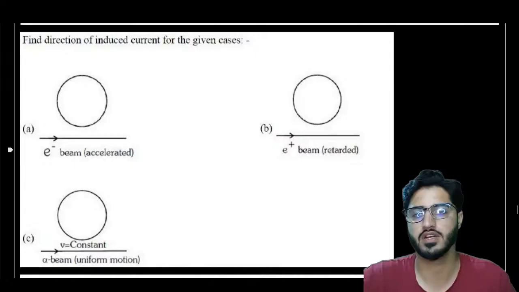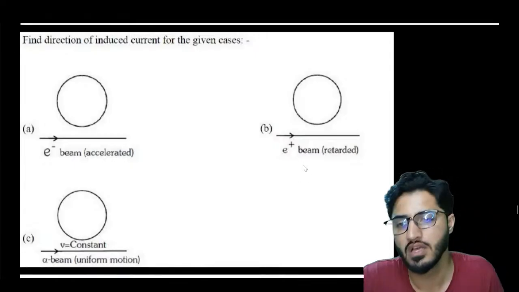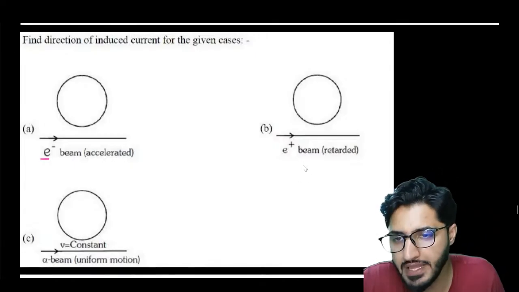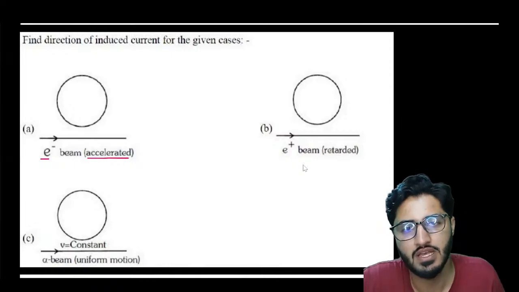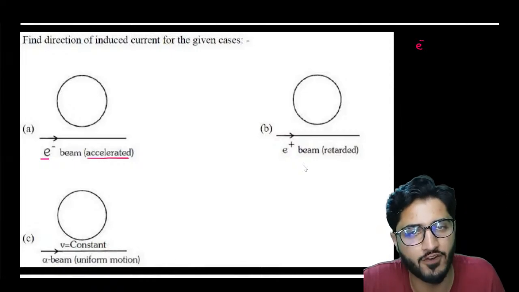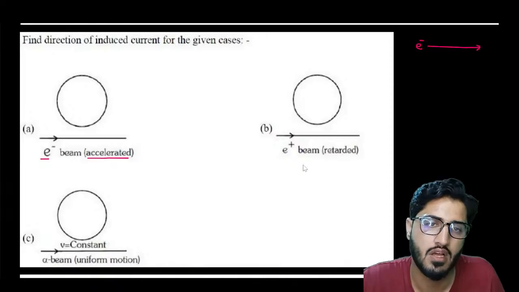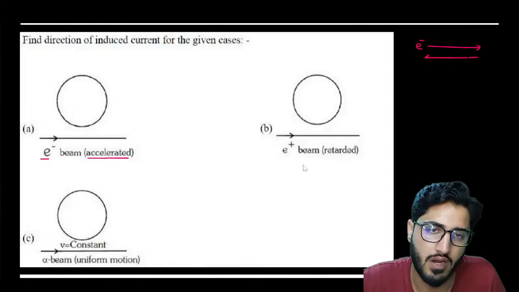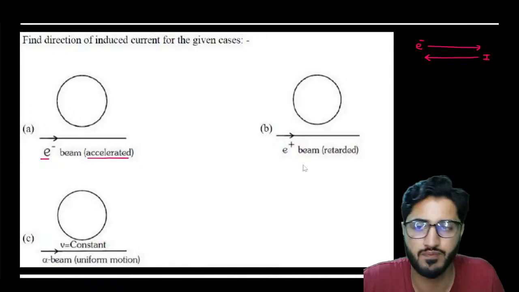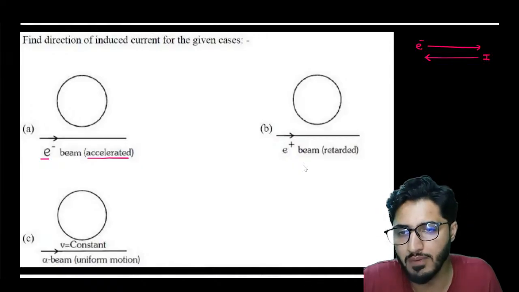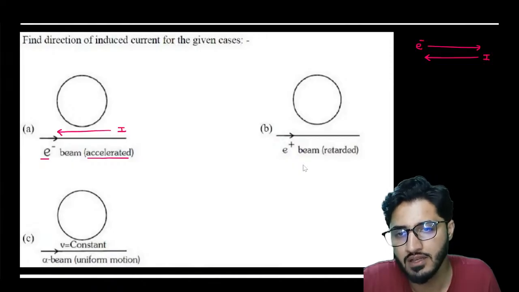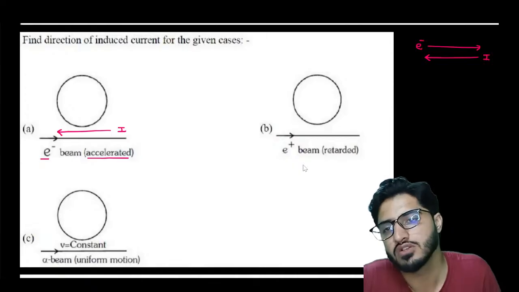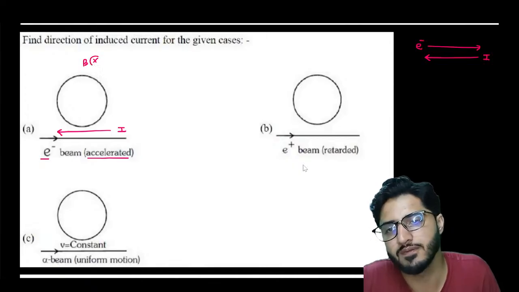Now this one, look now. Different numerical. Electron beam accelerated. If electron is going from left to right, current will be going from right to left. We know it very well. Now electron is going from left to right, but current will flow in this direction, I. So if it is going in this way, my B will be inside.